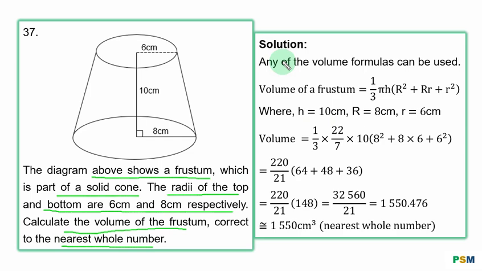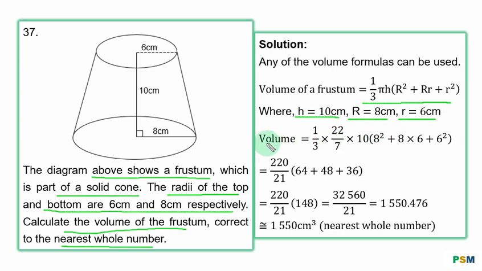We have various versions of the formula for volume of a frustum. One of them is given in this form, where height h equal to 10 cm. Capital R is the radius of the bottom, 8 cm. Small r is the radius of the top, 6 cm.